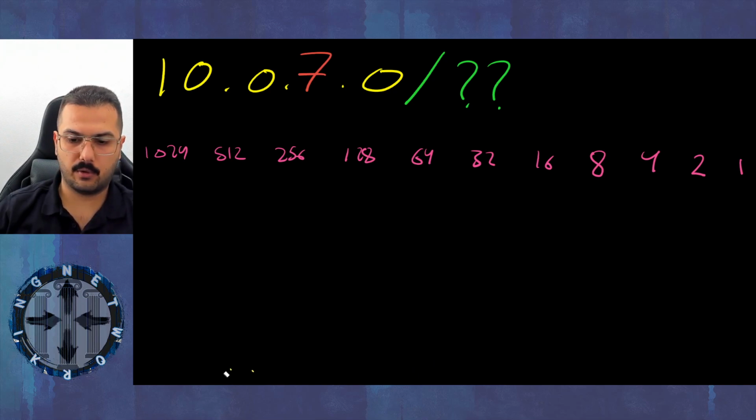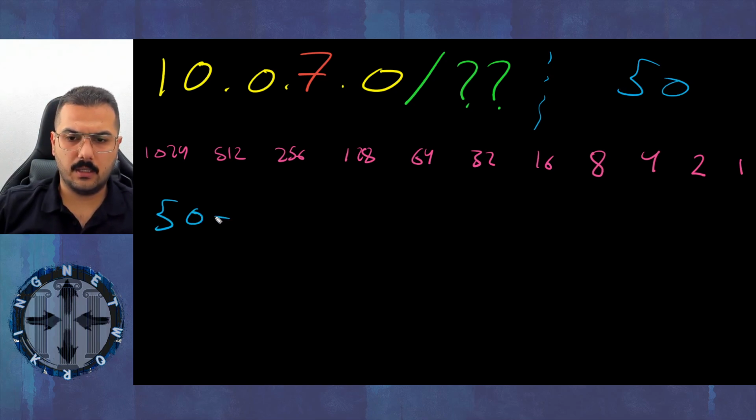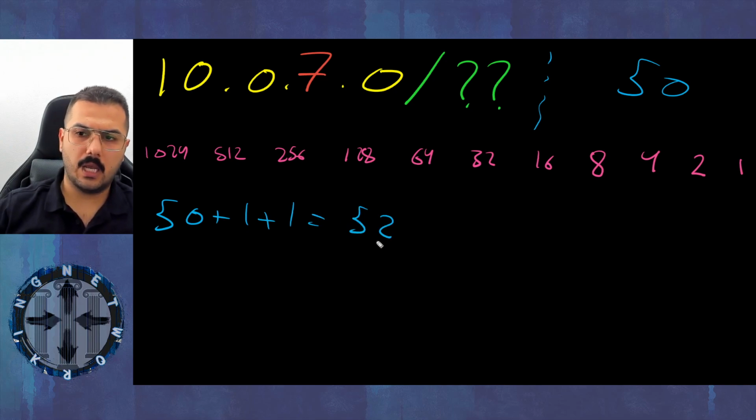Our fourth and last example for the CIDR in this video. 50 consumers. The rule says 50 plus network ID plus broadcast ID is 52. The other rule says start comparing. 32 is not enough. 64 is more than enough.